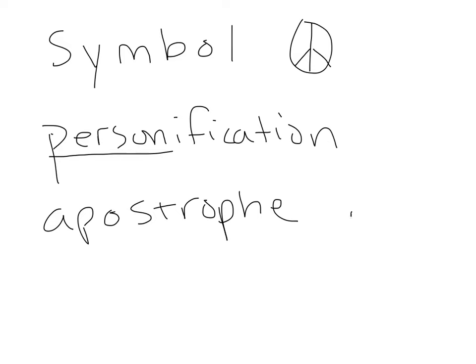The other type of figurative language here is apostrophe. Don't get it confused with the apostrophe in a word like Karen's. Apostrophe in this aspect is when a speaker of a poem or a narrator addresses a real person outside of the person reading the text.